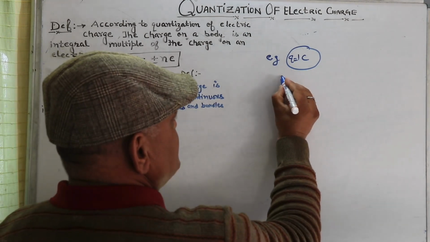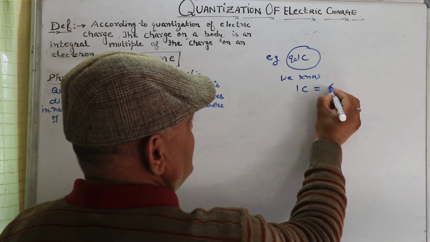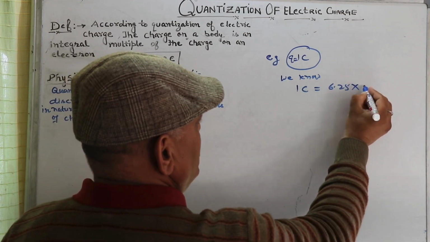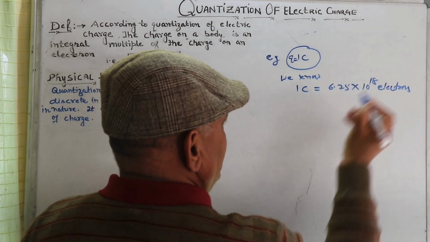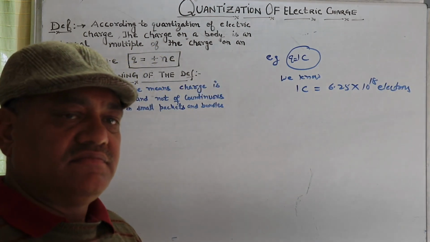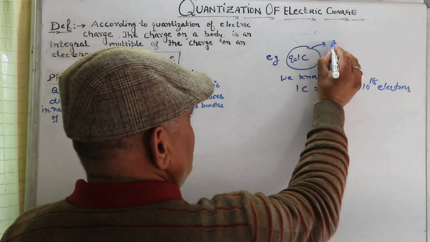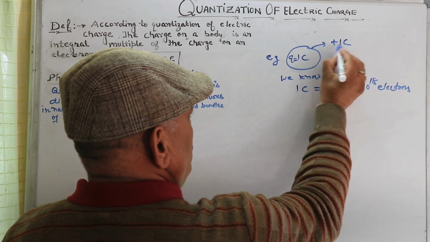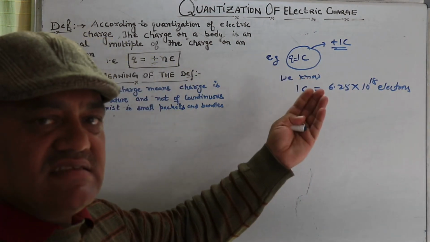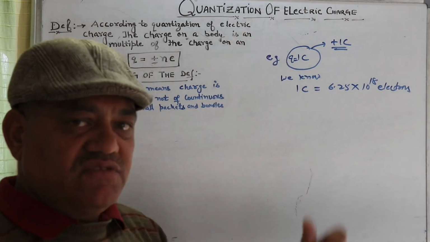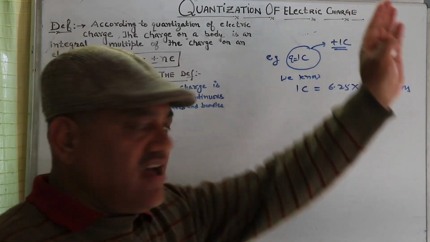But we know 1 coulomb charge has 6.25 into 10 raised to power 18 electrons. It means this body having plus 1 coulomb charge has acquired positive charge because it lost electrons.